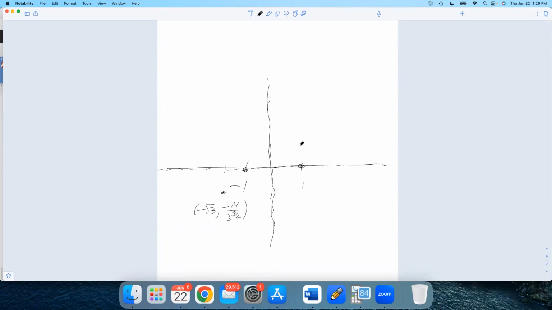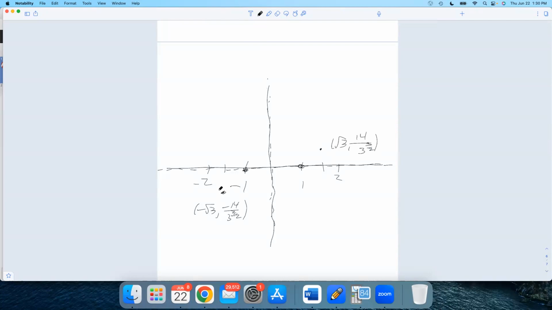And then over here, we have the positive version of that. Root 3 is like 1.7-ish, so we want to go almost to 2. Here's negative 2. That would be root 3, positive 14 over 3 to the 3/2 power. Okay, so we're going to have a local min there.